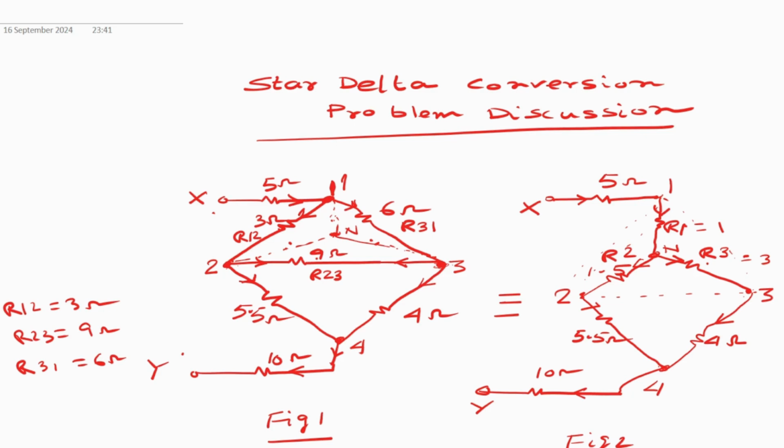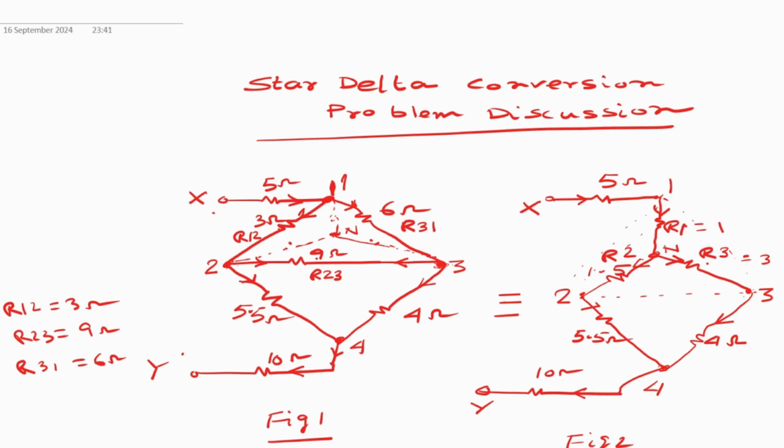When we divide the current distribution pattern, from junction 2 to junction 3 there is current in one direction, and from junction 3 to junction 2 there is current in another direction. As one resistor has current flowing both ways, we cannot determine whether it is in series or in parallel.